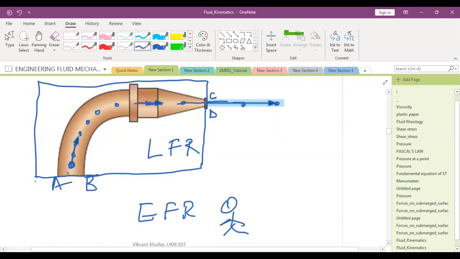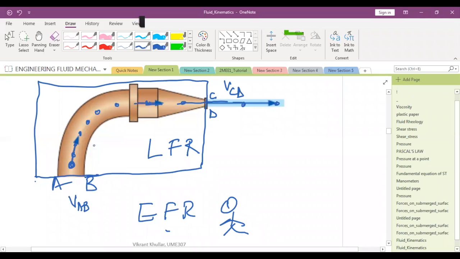So, say particle velocity at AB was VAB and particle velocity at CD was VCD. Now let me know, how will you define this change in velocity? We have to define it taking two different time intervals. Say from Eulerian frame of reference this is in steady state.